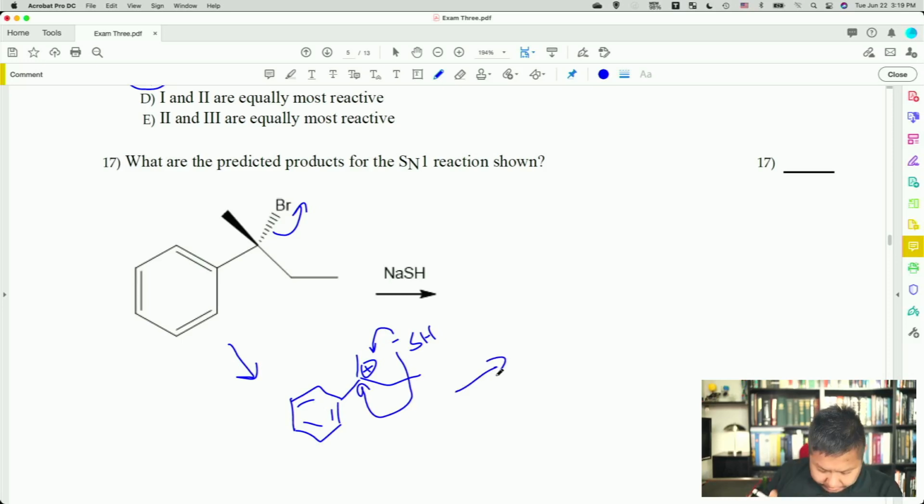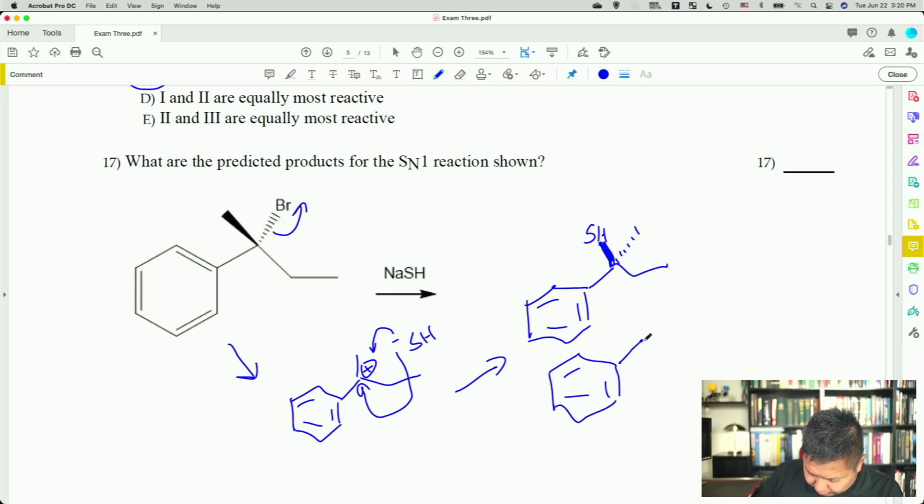So what that means then is that you'll either get a structure that looks like this, where we have SH coming out at you and the methyl group going in, or we'll have another structure that looks like this, where the SH is going behind you, or going towards the paper, and the methyl group has retained its configuration, and it's coming out at you.